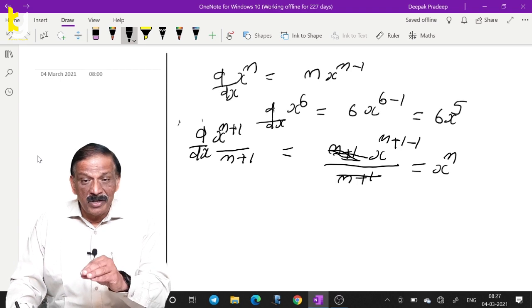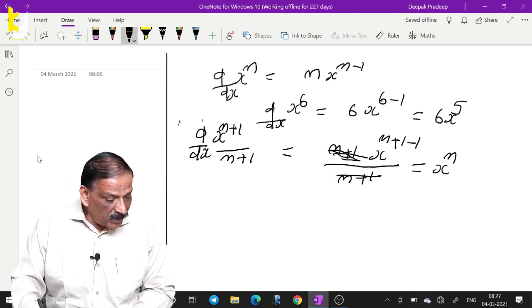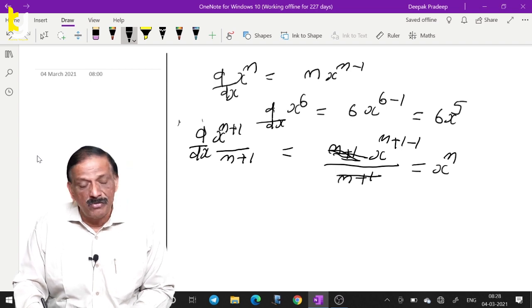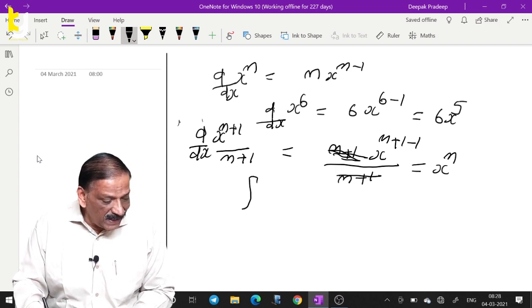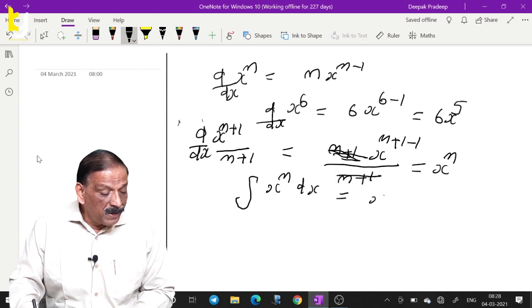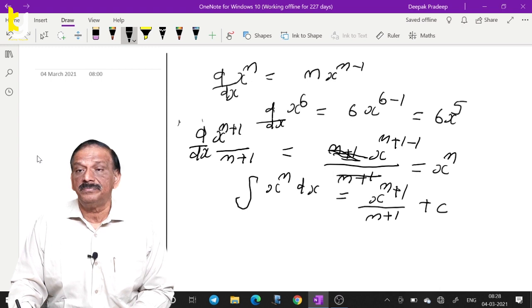So, we are going to study integration. We know d by dx of x raised to n plus 1 by n plus 1 equals x raised to n. Therefore, integral x raised to n dx is equal to x raised to n plus 1 divided by n plus 1 plus c, the integral constant. So we must write c also.